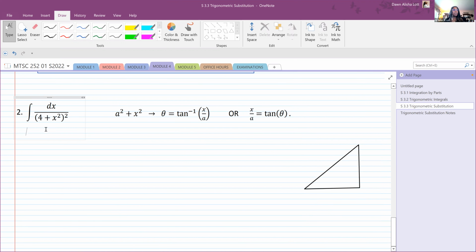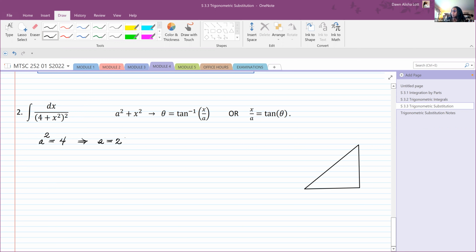So as we can see, a squared is 4. So a is 2.